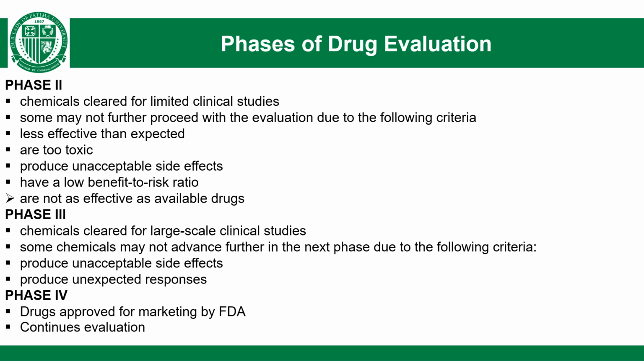For the phase 2, chemicals are cleared for limited clinical studies. Some of them may not continue to the next criteria, could be toxic and unacceptable, but it would depend on the varying doses. Phase 3 is still the same. However, for large scale studies, they may not be advanced further depending on the criteria of the patient, and may also produce unacceptable side effects and unexpected responses.